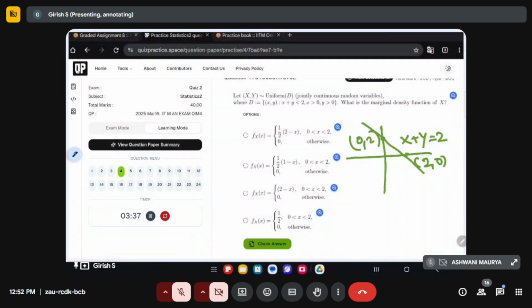Yes. Okay. Now we are expected to find marginal density of x. In order to find marginal density of x, first we want to know what is f of x comma y. Since it's given to be uniform, can I write it as 1 upon delta? Yes. That delta is nothing but half into base into height. So this becomes 1 upon 2.